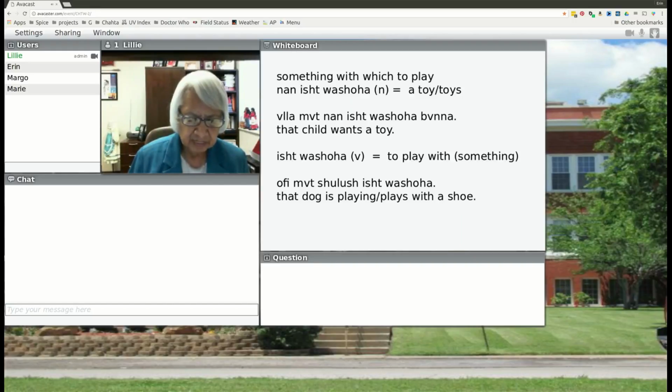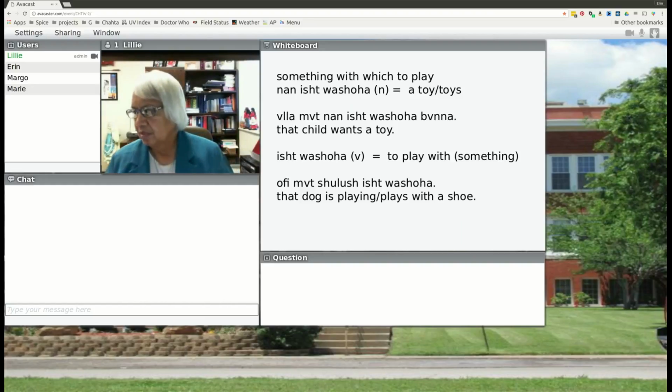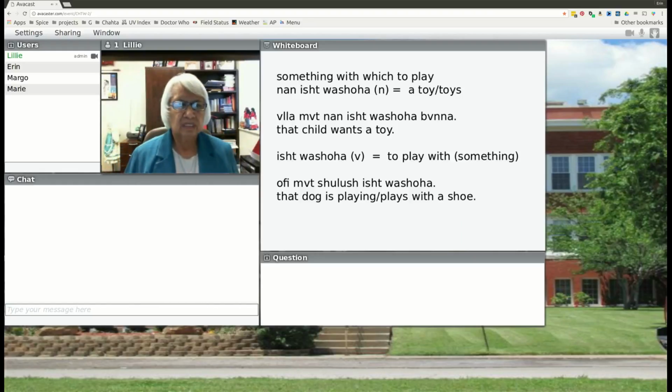It does give that translation, but we don't usually use the term nanish chilili for a towel. The word for towel you're going to find on page 277 in your dictionary.